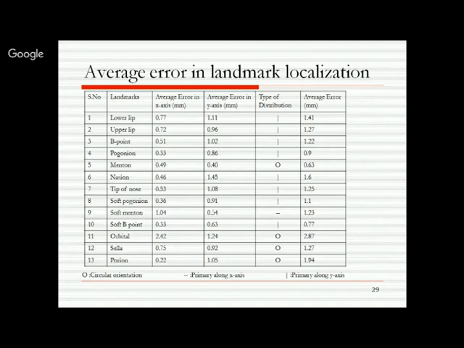It shows how much it deviated from the actual landmark plotted by the experts. Some of them are largely 0.77 mm, 0.72 mm, 0.5 mm, like such half mm variations, or 1 mm variation maximum, except orbital, which was 2.42 mm in the x direction and 1.24 mm in the y direction.